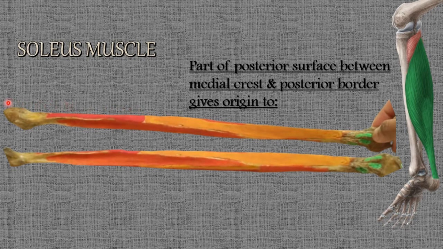Because it is lined with the styloid process superiorly, and inferiorly this is the medial border of the posterior surface of the lateral malleolus, which is grooved. So this is the posterior border. And why did I say this is posterior? Because the upper half of this surface is bifurcated by this medial crest.